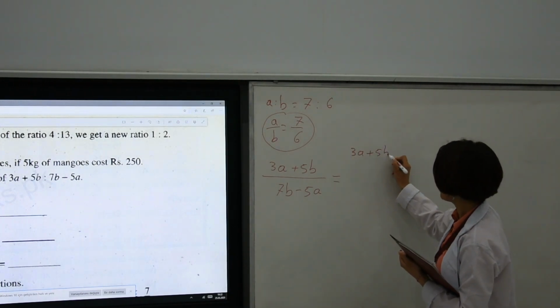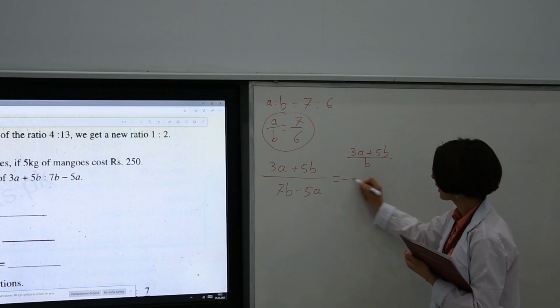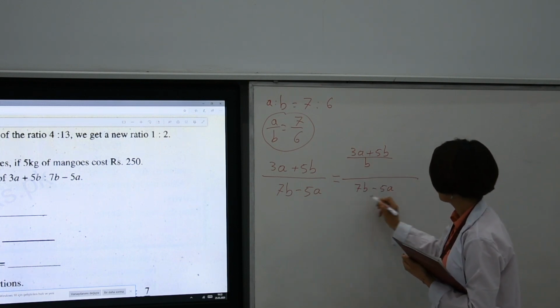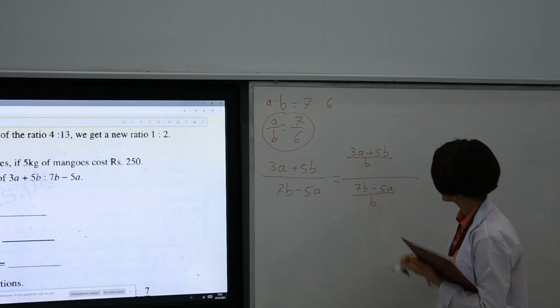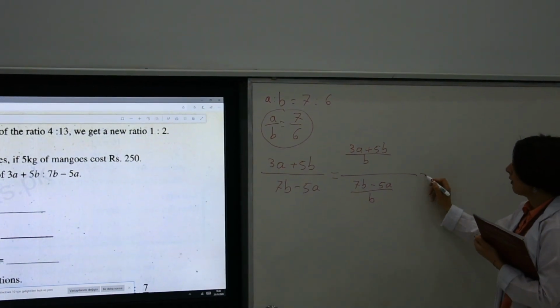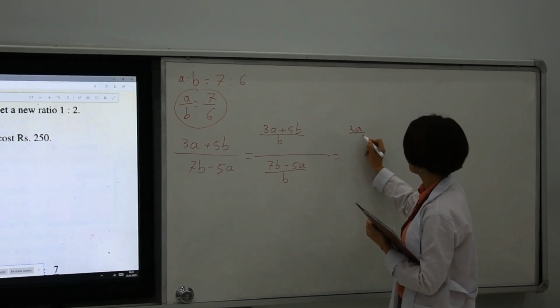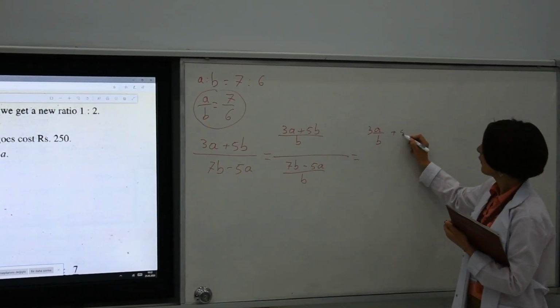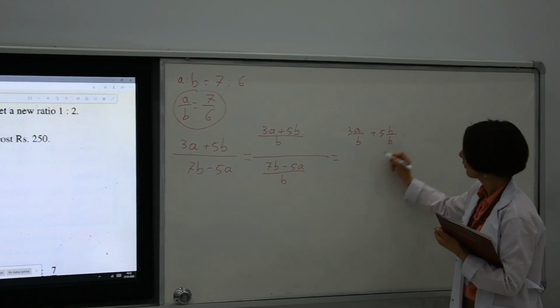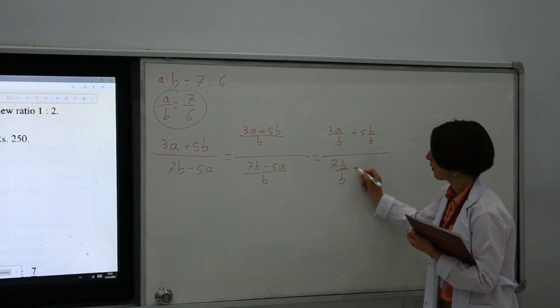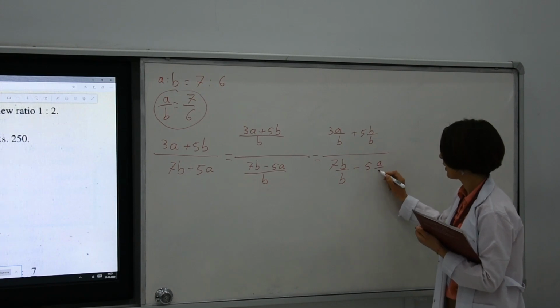3a plus 5b over b divided by 7b minus 5a over b. Now I can continue like 3a over b plus 5b over b over 7b over b minus 5a over b.